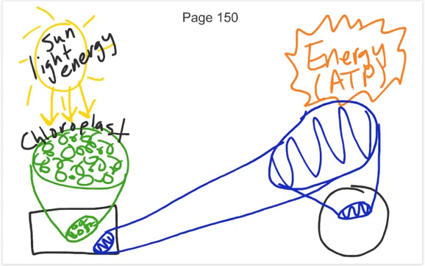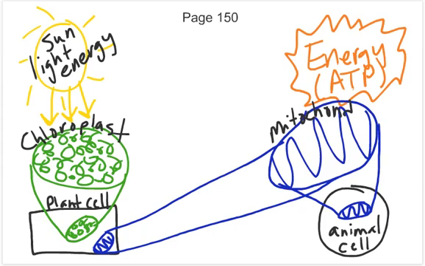And then this is a plant cell. And over here is an animal cell. And then over here on the right is the mitochondrion. Remember, one mitochondria is a mitochondrion. Okay.